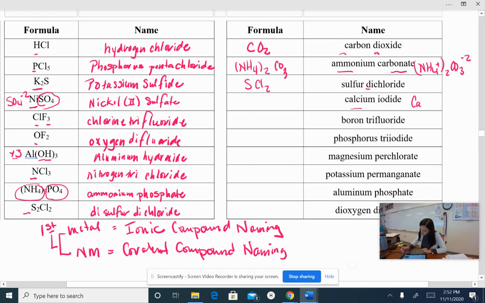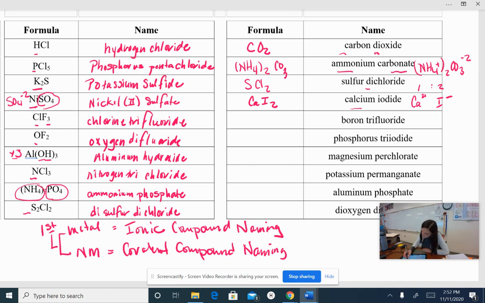So let's balance out those charges. Calcium is a +2, iodine is a -1. So in order for the charges to balance, I'm going to need 1 calcium and I'm going to need 2 iodines. So 1 calcium and 2 iodines.